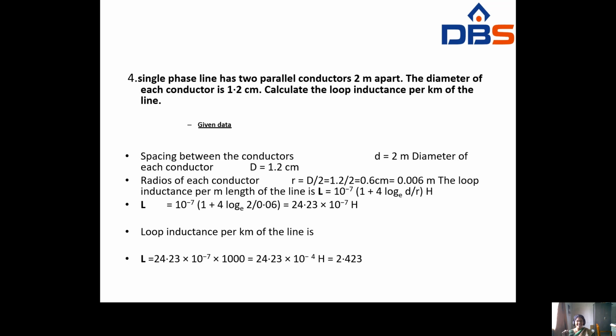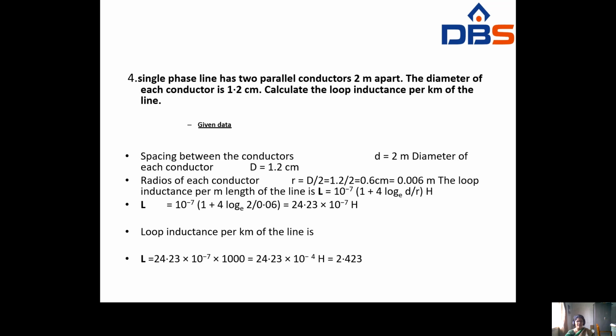Here D means the distance between the conductors, and r means the radius of each conductor. From the given data, we know that the distance between the conductors will be 2 meters and the radius is 0.006 meters.